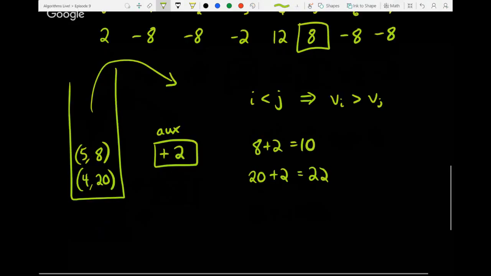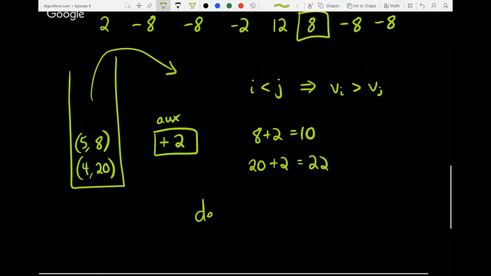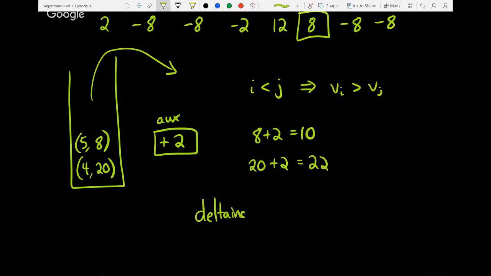So this is a technique called deltaing. The idea is you store some auxiliary extra information outside the data structure that maintains how much things changed by. Instead of looping through every value in the data structure and increasing its value, you can keep this auxiliary variable and increment that instead.